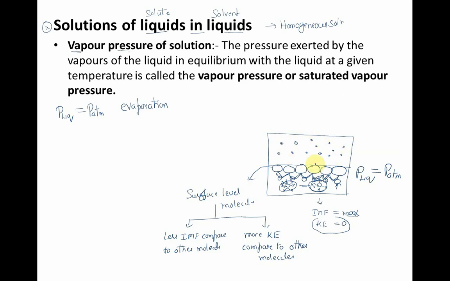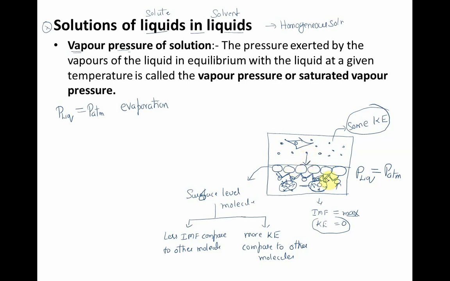Due to this, some liquid molecules are present in the evaporated state. Now what happens? These molecules also possess some kinetic energy. Due to this kinetic energy, they move randomly in all directions, collide with each other, and they also exert pressure, and they return back to the surface of the liquid.